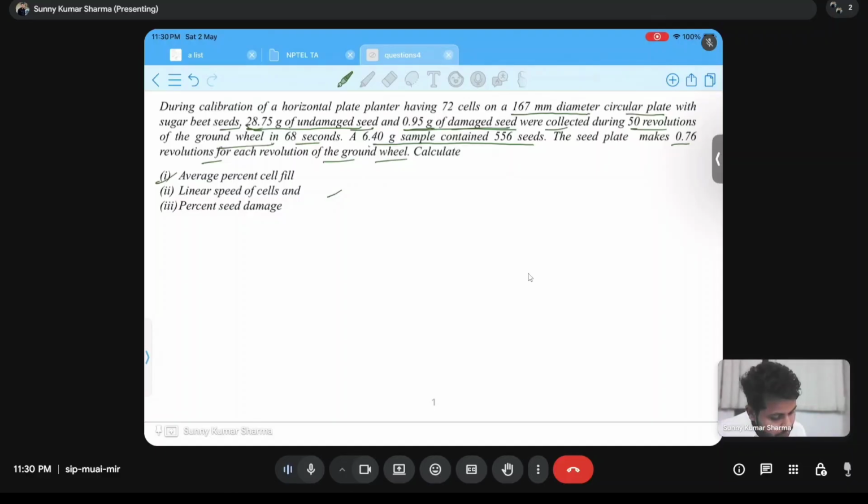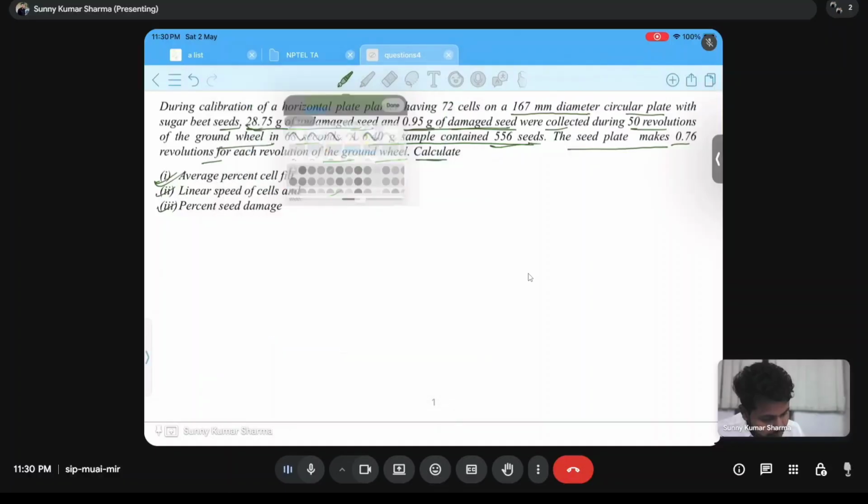A 6.40 gram sample contained 556 seeds. The seed plate makes 0.76 revolution for each revolution of the ground wheel. We need to calculate the average percentage cell fill, second the linear speed of the cell, and third the percentage of seed damage.